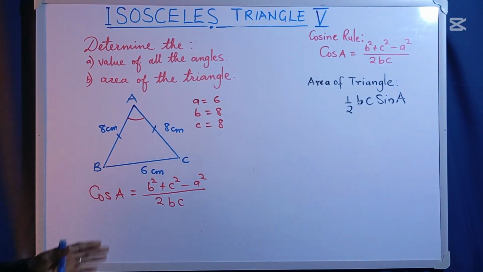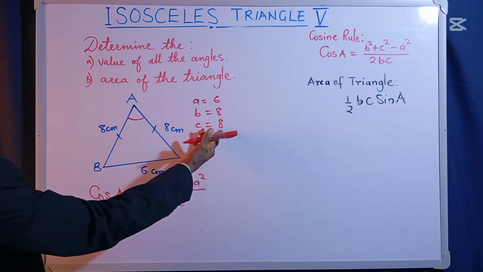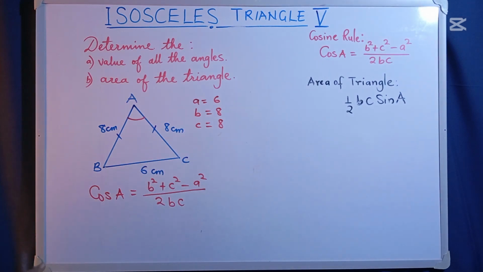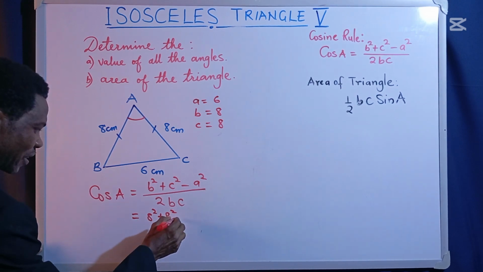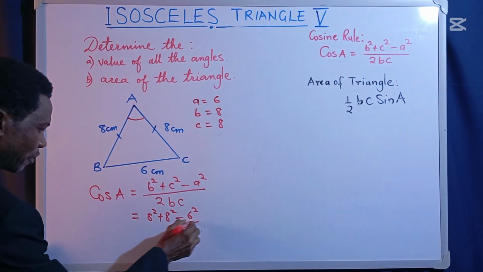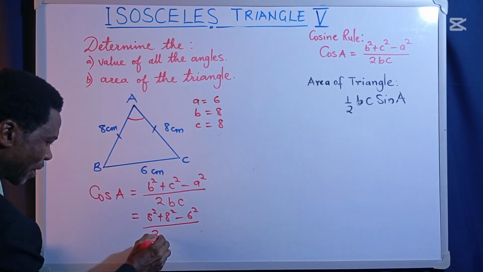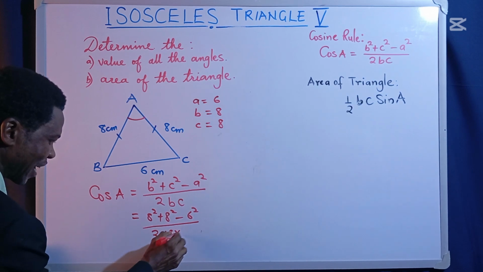It's the same pattern. So let's substitute the lengths given to us. This is going to be 8 squared plus 8 squared, take away C squared, all over 2 times 8 times 8.